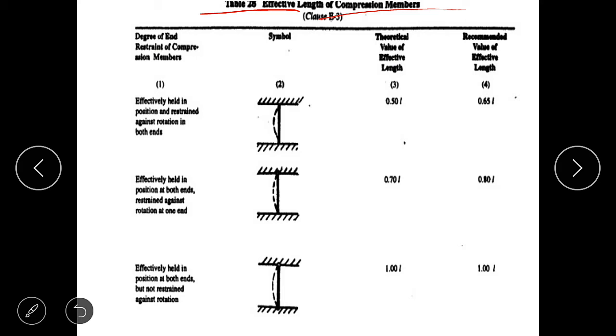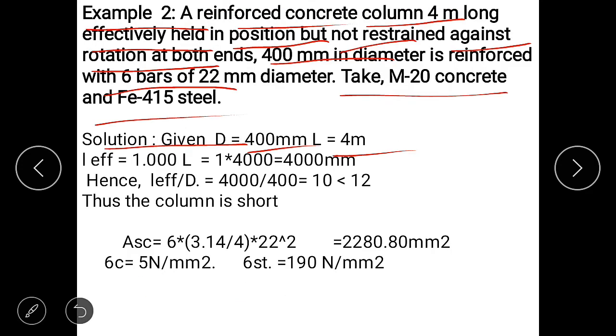By using this condition, the recommended value of effective length is 1.00 L. So we take L effective as 1 L.